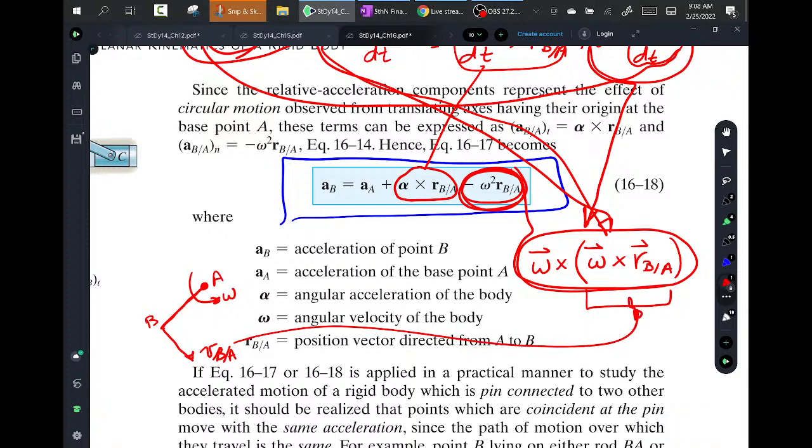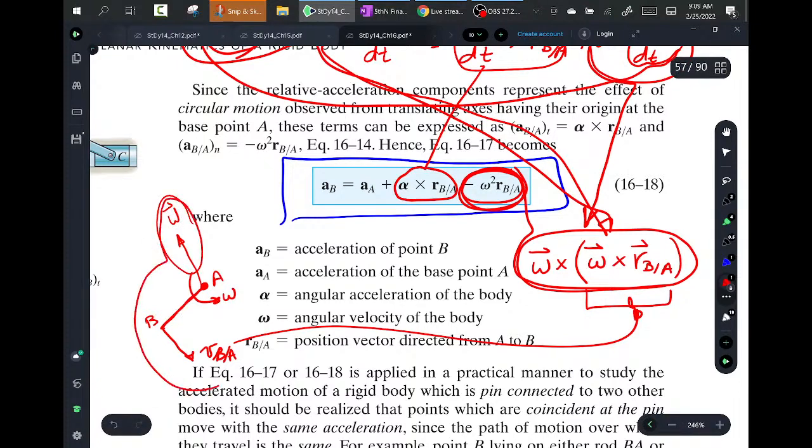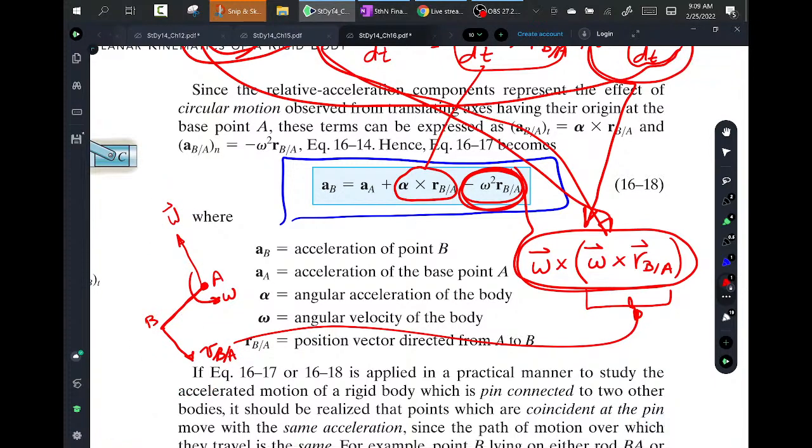You take that and cross with the vector here, so now you're crossing a vector which is coming towards you, and if you wanted to represent it in 3D, maybe it's coming out of the plane. So here is your omega. You take this vector, cross it with that vector. If you do, you're going to get a vector that runs back this way, hence the minus.